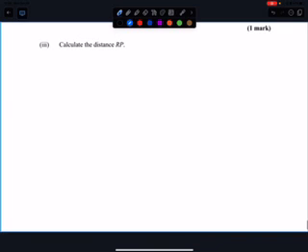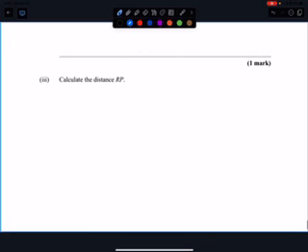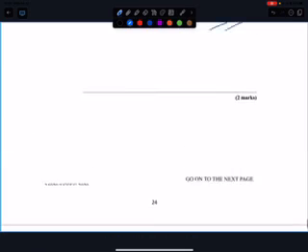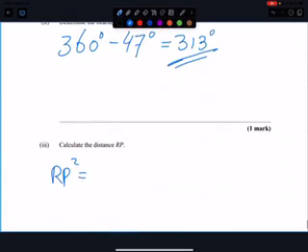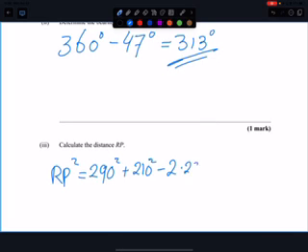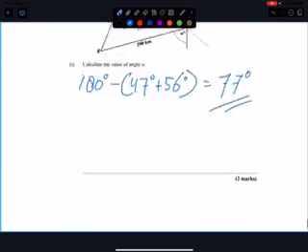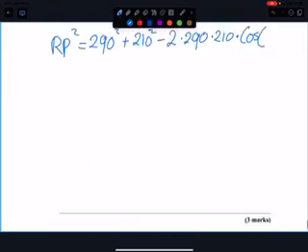Teacher, what is the cosine rule? It's written on the front page of your test. Correct. So RP squared equals 290 squared plus 210 squared, subtracting 2 multiplied by 290 multiplied by 210 multiplied by the cosine of 56.